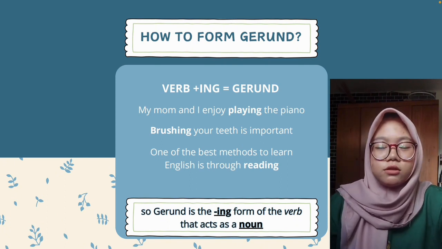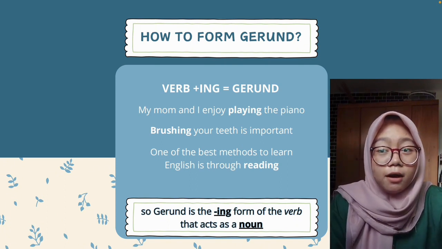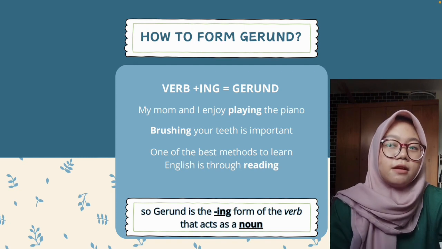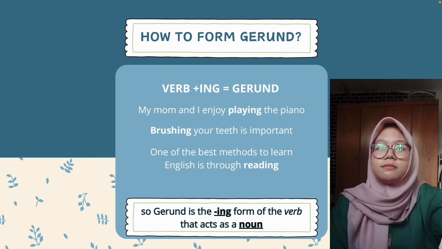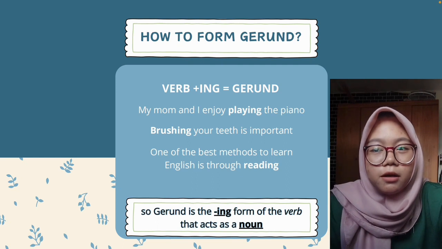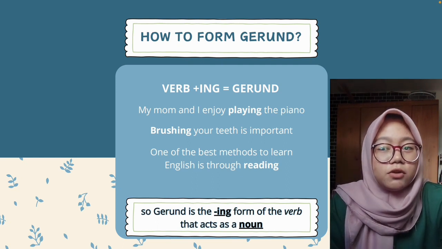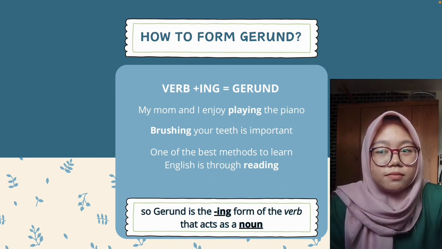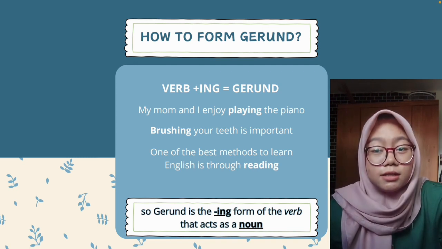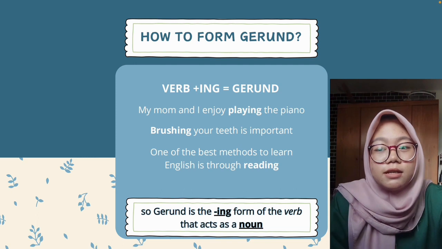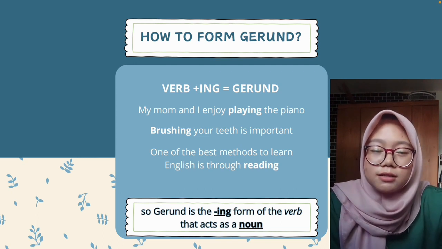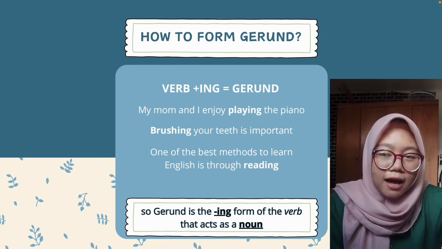So you need to remember that a gerund is a part of a sentence. Playing is the gerund. Brushing is a gerund. Reading is a gerund in these sentences. So a gerund is the ing form of the verb that acts as a noun.